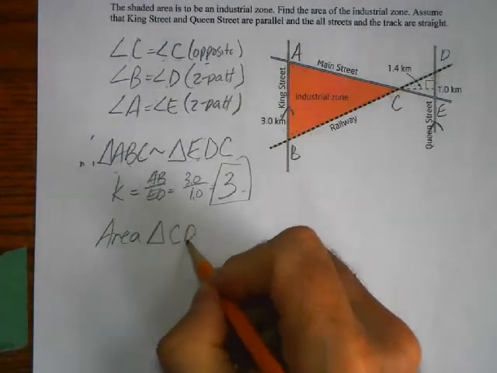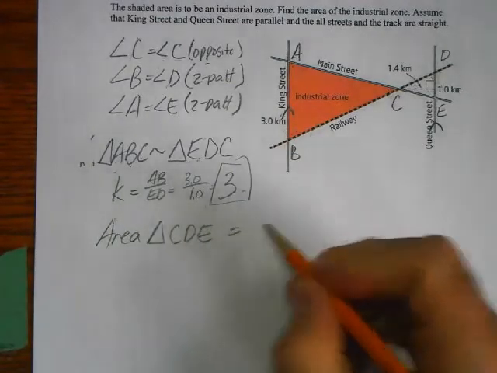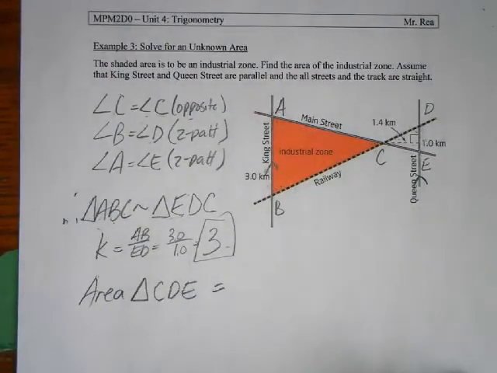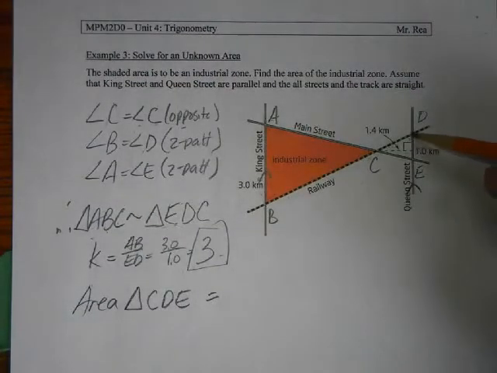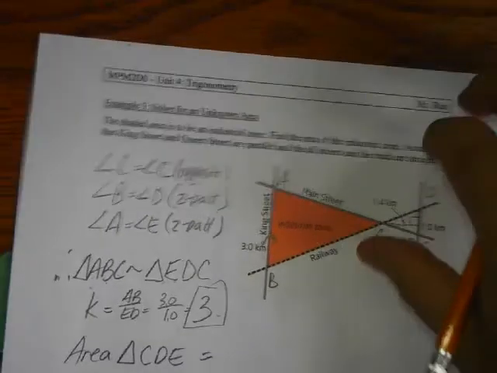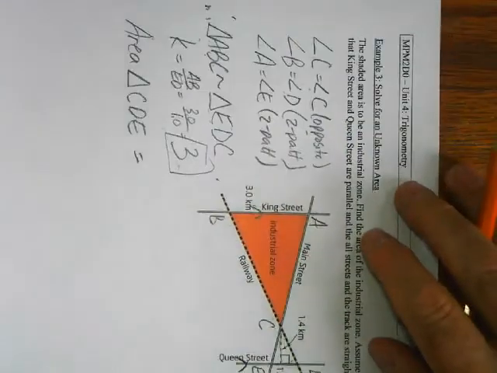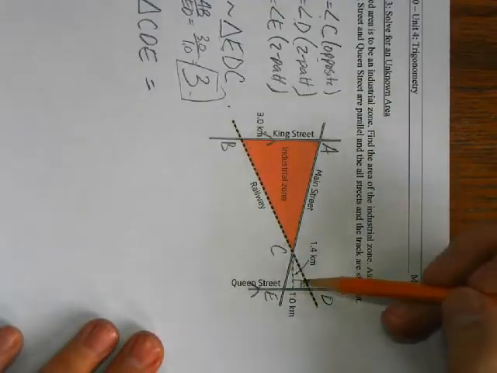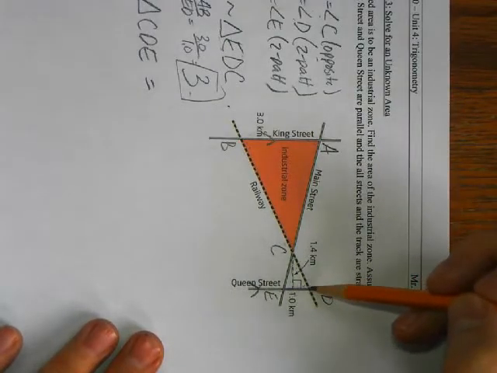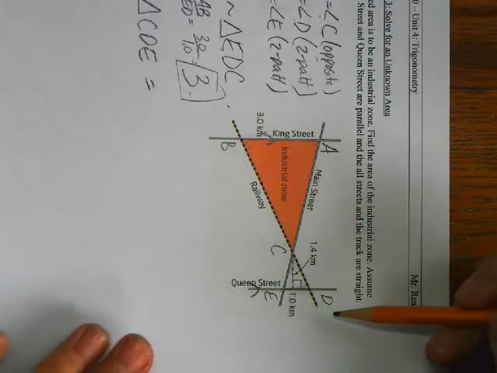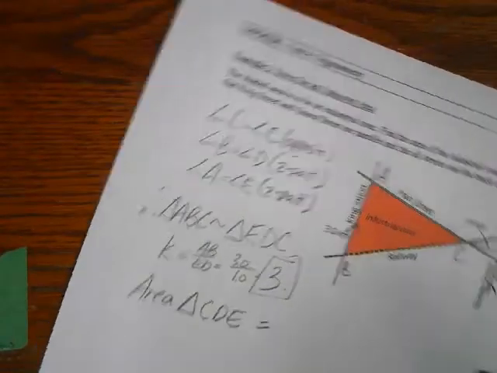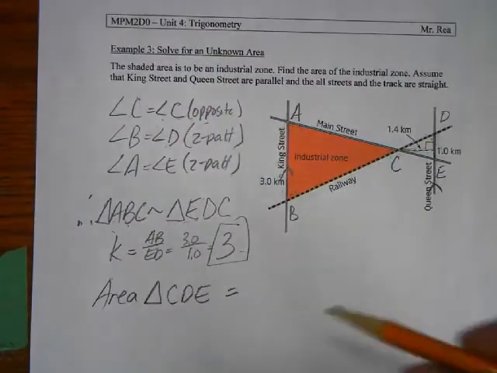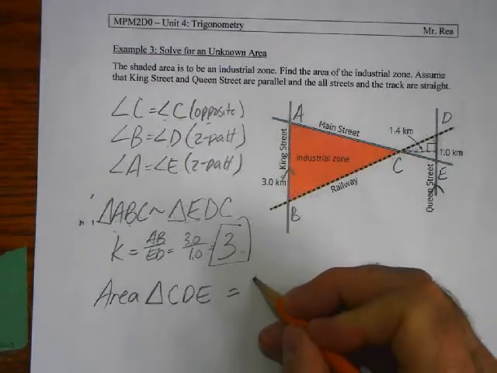Now, it just so happens they gave us everything we need to know. If I'm looking at this triangle, I've got that side and I've got that. If you turn this on its side, you'll see that I know the base is 1 and the height is 1.4, and that's what you use to get the area of a triangle. So it's base times height divided by 2.